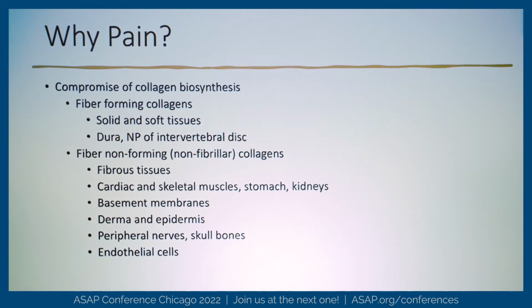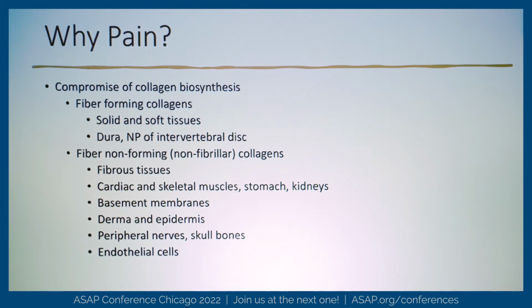Actually, while they are made at greater amounts than the non-fibrillar collagens, they are very much reliant upon the non-fibrillar collagens, because it's those non-fibrillar collagens that really support them and make them stronger and keep them tight and anchor them to groups of surrounding tissue. And the non-fibrillar collagens are very rich in glycine and proline and hydroxyproline.